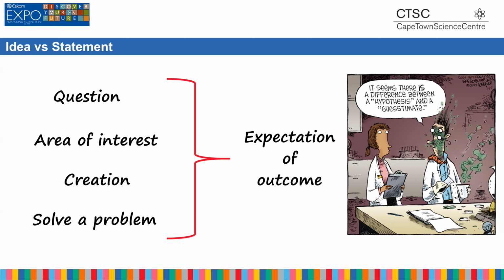It's based on knowledge. It's based on looking at all you have learned. And on the foundation of this knowledge, I make this statement that I believe I can prove to be true. I expect this to be the outcome when I conduct my experiments.